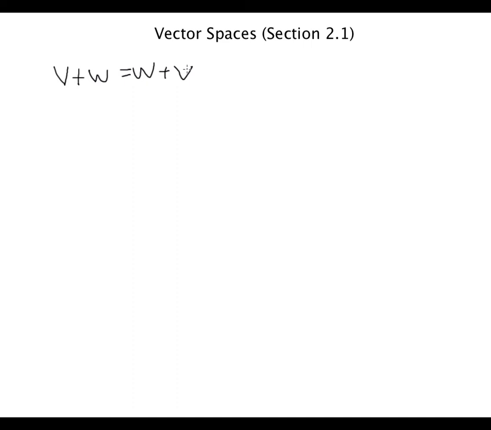I'll mention what I mean by that in a moment. So consider this identity. Well, if you write this out, it says that A1 through An plus B1 through Bn is supposed to be equal to the same thing in the other order.